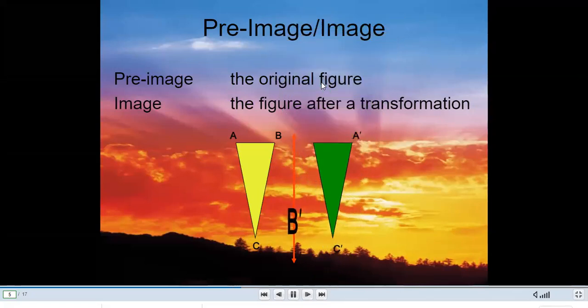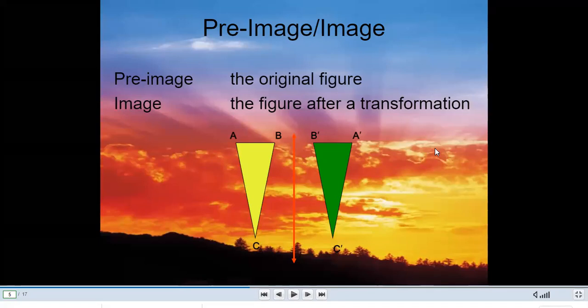So in this case, we have A, B, C, and the image is A prime, B prime, C prime. Which transformation is in front of you now, grade 8? Reflection. Reflection on Y-axis. Don't say only reflection.